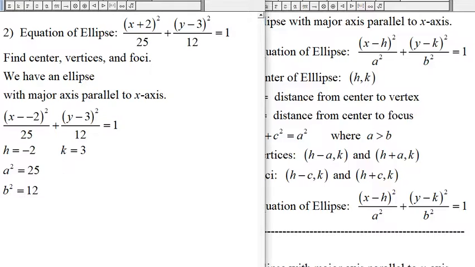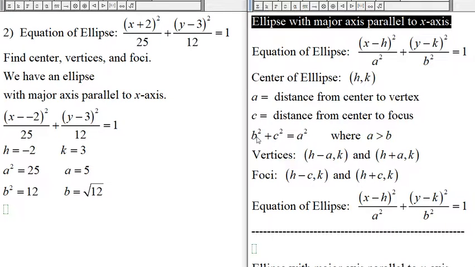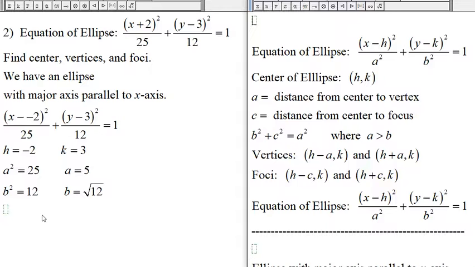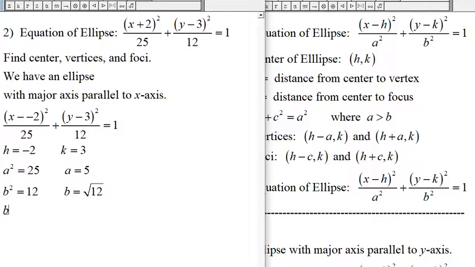And so taking the square root of both sides, we get a to be 5. And then right here, taking the square root of both sides, we get b to be the square root of 12. And then we find c, which is the distance from the center to a focus. We would use this relationship right here, b squared plus c squared is equal to a squared.